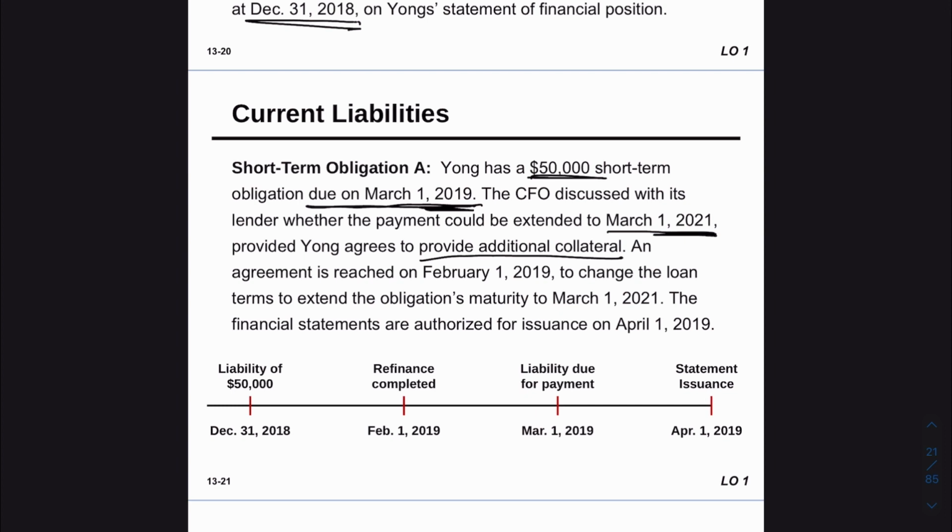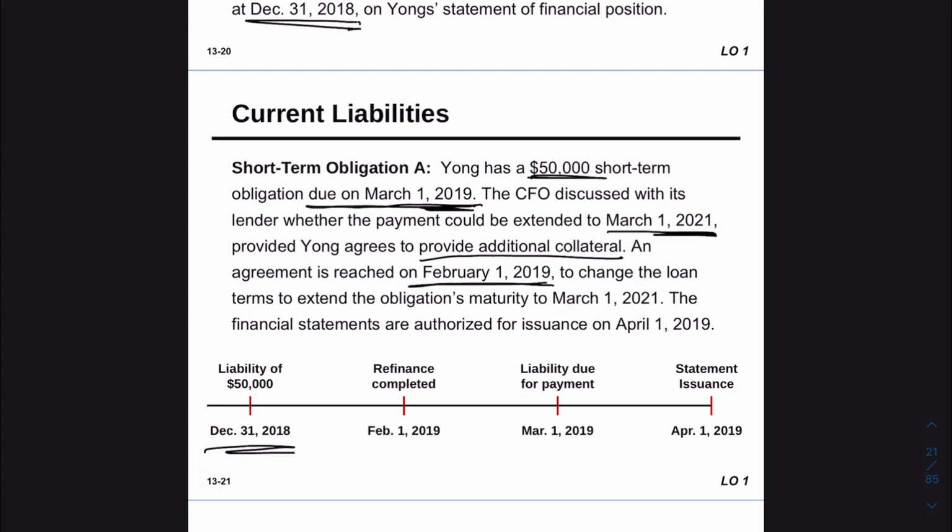So the agreement is reached on February 1, 2019. They agreed on February 1, 2019 to change the loan terms to extend the obligation maturity to March 1, 2021. Okay. And the financial statements are authorized for issuance on April 1, 2019. So on December 31, 2018, we've reported the liability of 15,000.